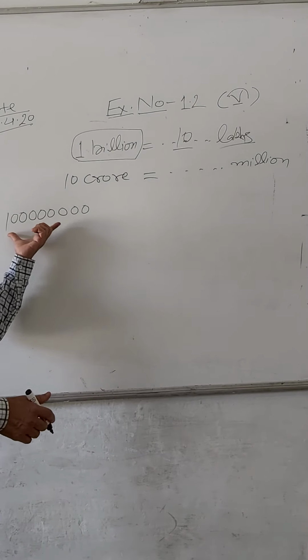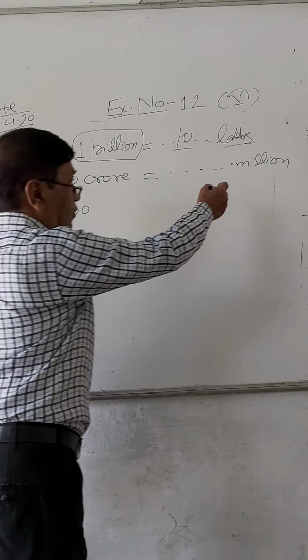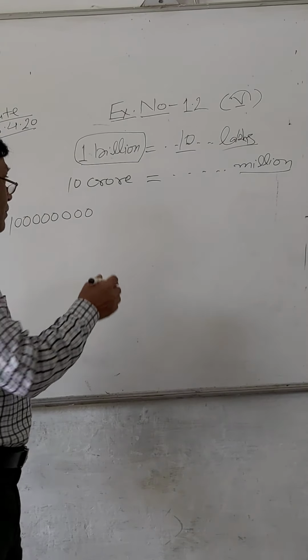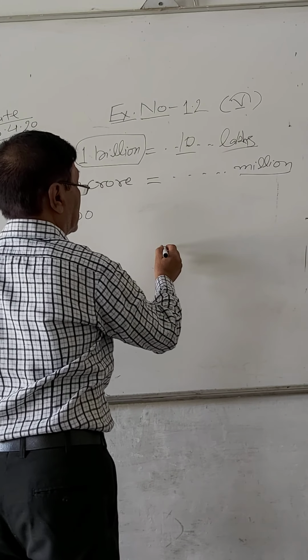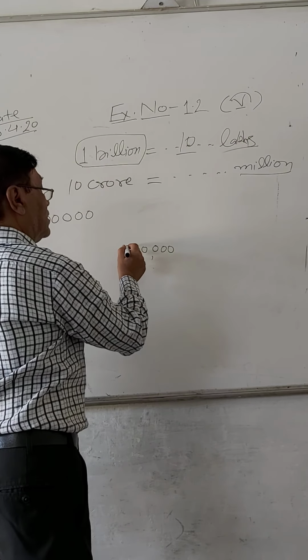Now this is the Indian system. Now you have to convert into million. In million, first you find out how many zeros come. Ones, tens, 100, 1000, 10,000, 100,000. Here it becomes million.